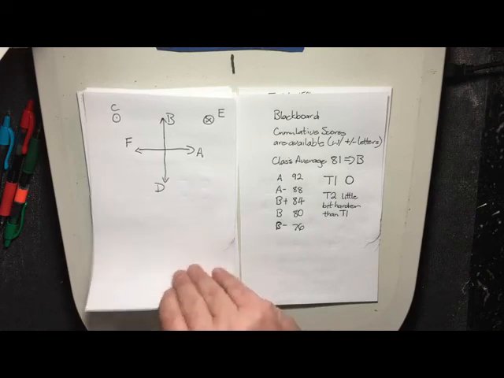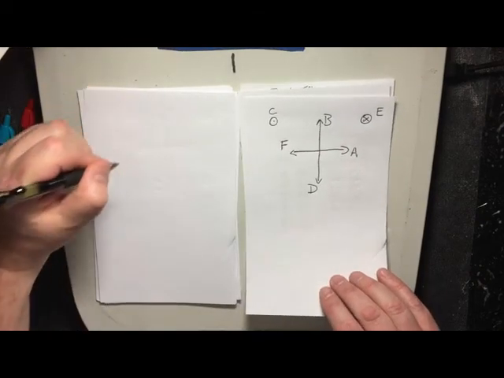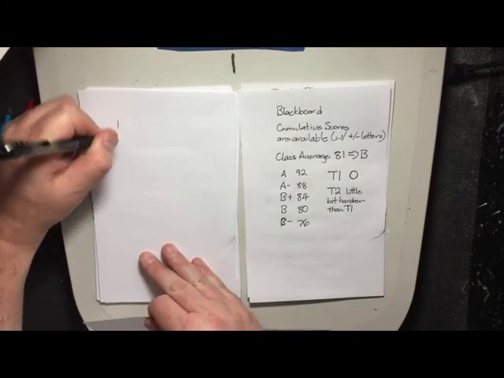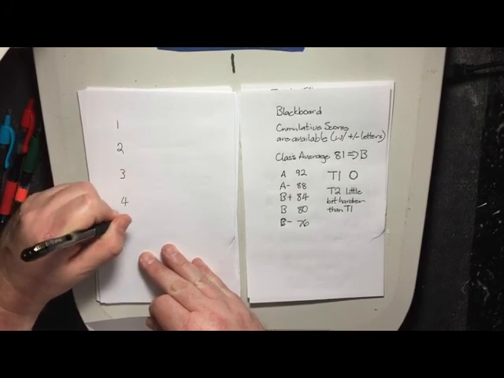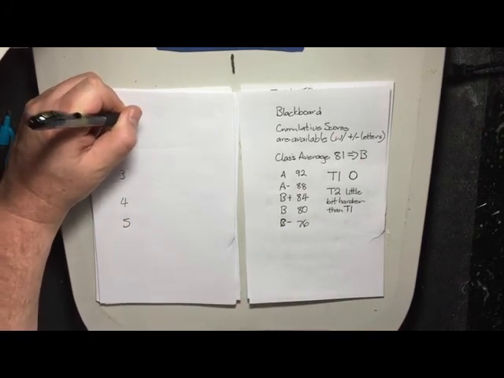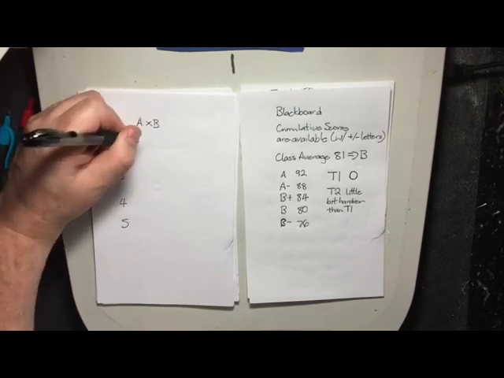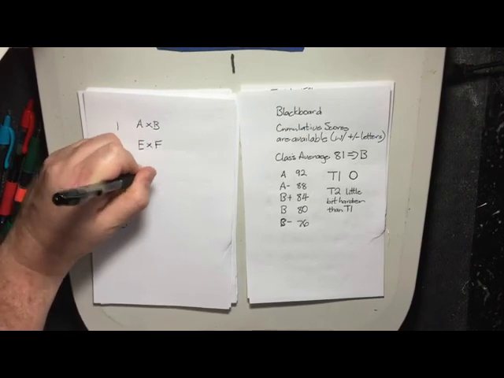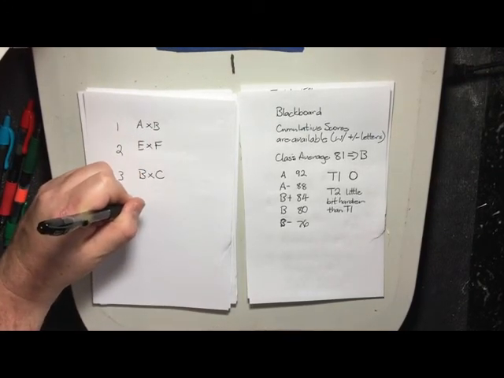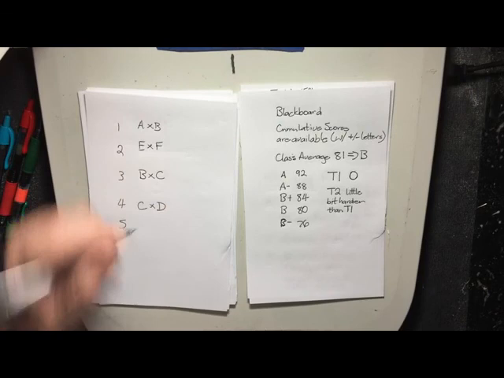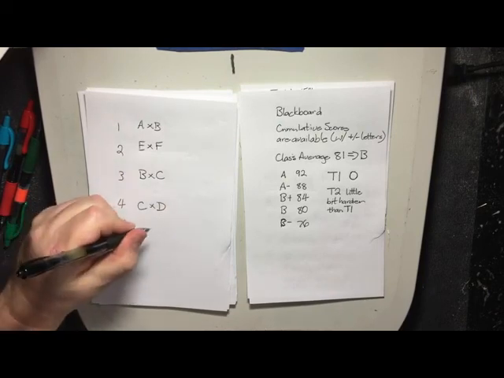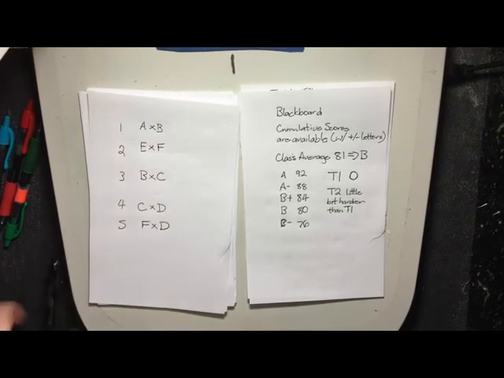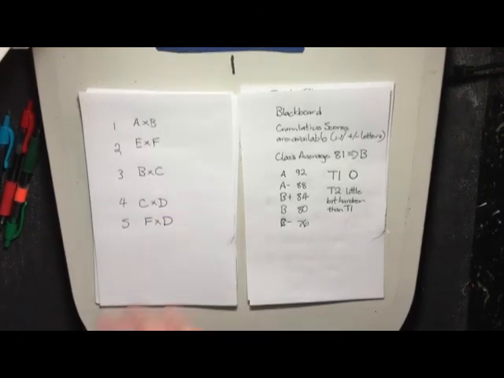All right, we got that? Going once, going twice, it's gone. Okay, so we have 5 right-hand rule problems.